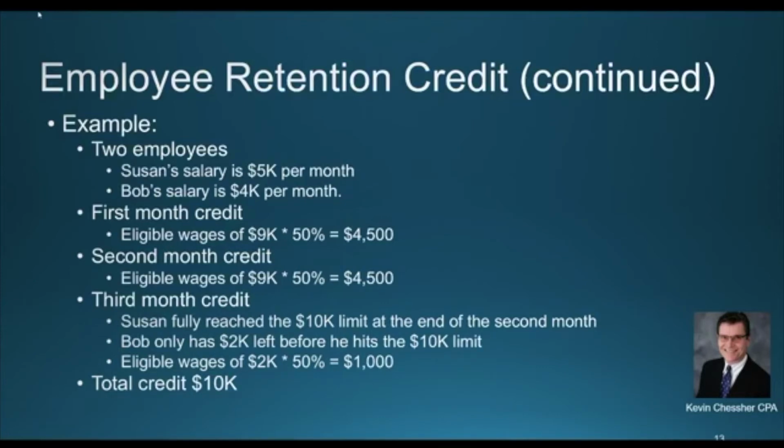Eligible wages of $2,000 multiplied by 50% gets us $1,000. So in month 1 we have $4,500, month 2 $4,500, month 3 $1,000, and that is a total credit of $10,000, which equals the max that we can have for these two employees.